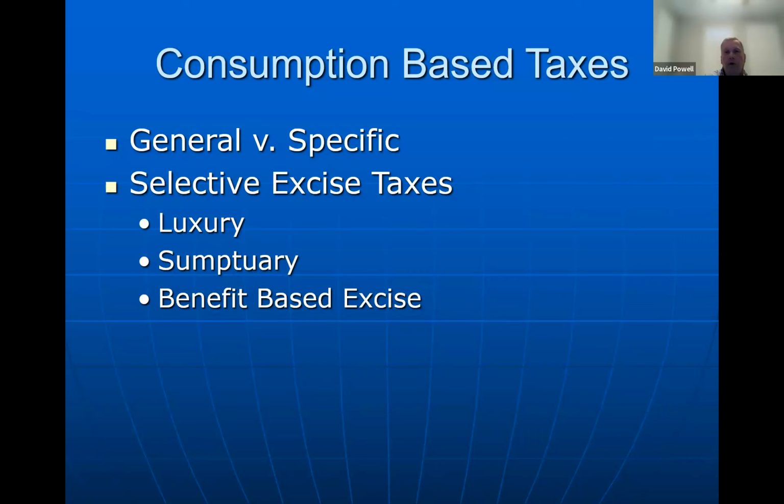By driving on the roads, they are going to cause wear and tear on the roads. And so we will capture this motor fuels excise tax revenue, and we will put it into our highway trust fund to then pay for the construction and the reconstruction of these roads. Those are benefit-based types of excise taxes, again capturing that money and then earmarking it for that specific type of expenditure.